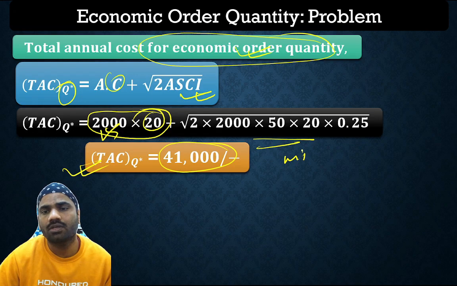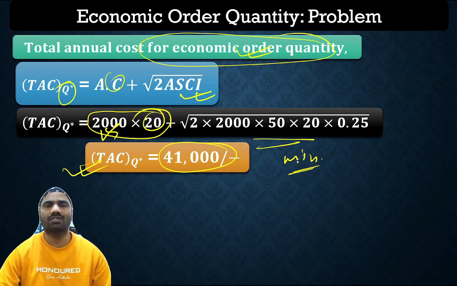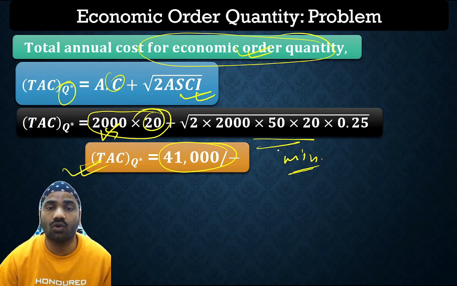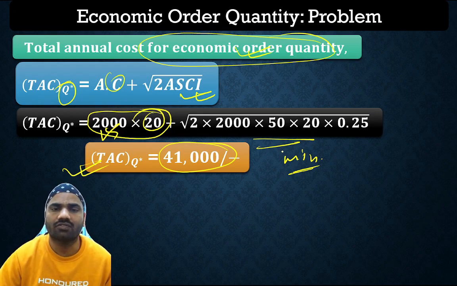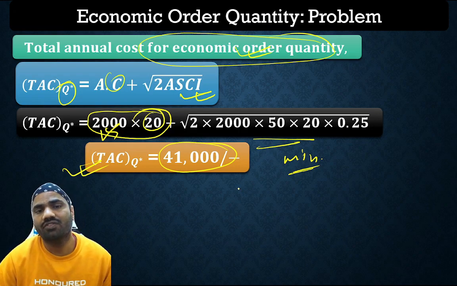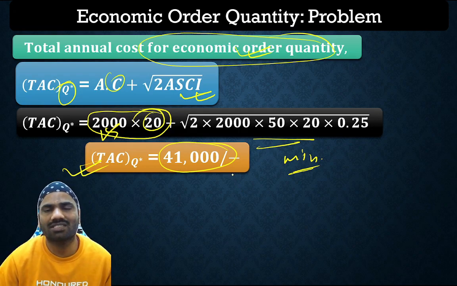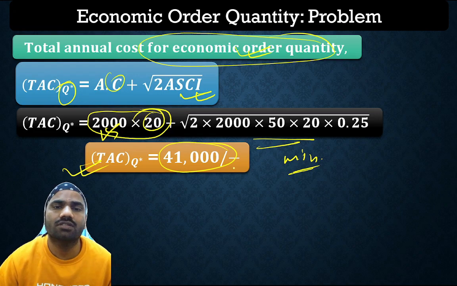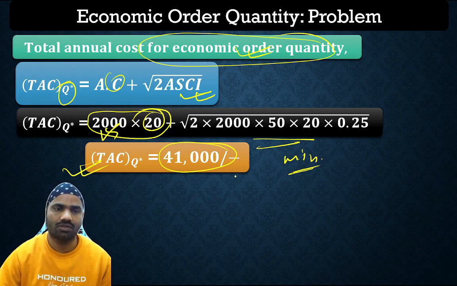So this is the minimum total annual cost. After getting the discount, we'll see what the value of total annual cost will be, and then we'll compare the two costs. If it is lower after the discount, we'll accept the discount, and if it is not, then we'll reject the discount.